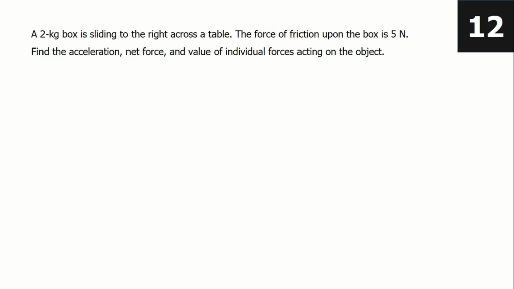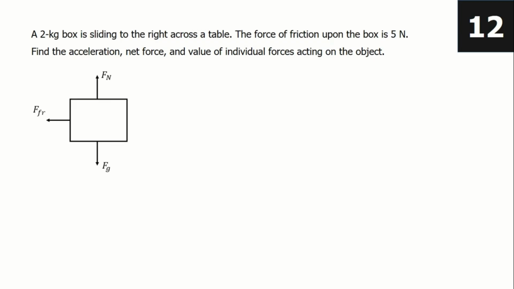For item 12, similar situation or similar approach. We have a 2 kilogram box, but at this time it's not at rest. It's sliding to the right across a table, and it is experiencing a frictional force equivalent to 5 newton. And I have to find out its acceleration, its net force, and the value of the individual forces, again, acting on the object.